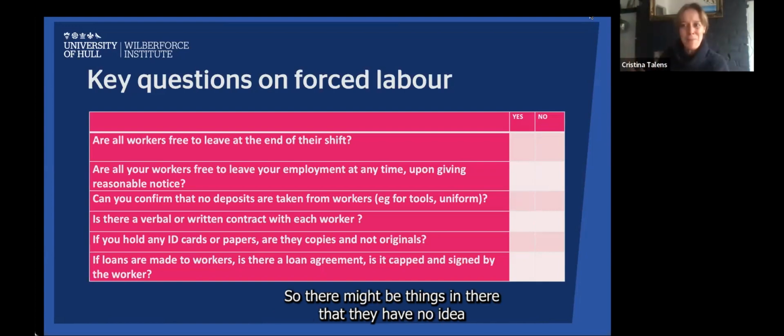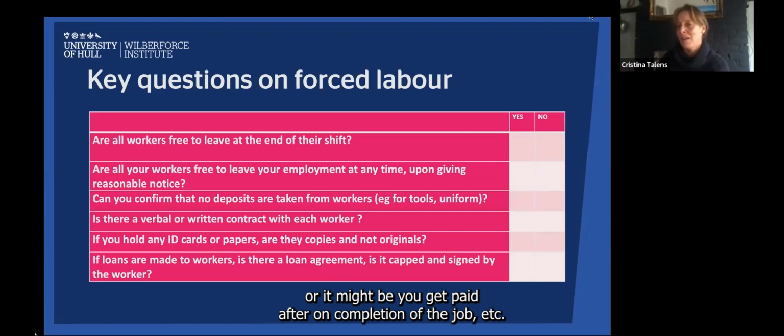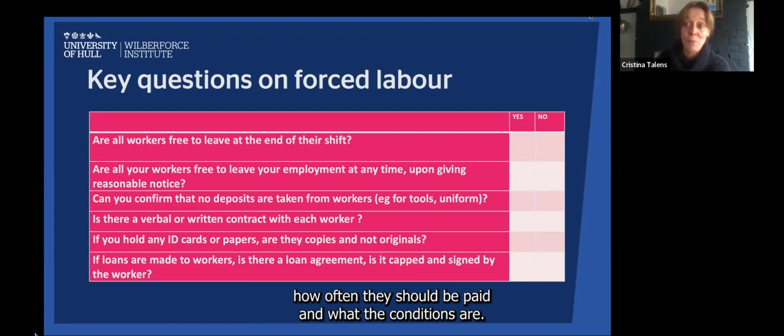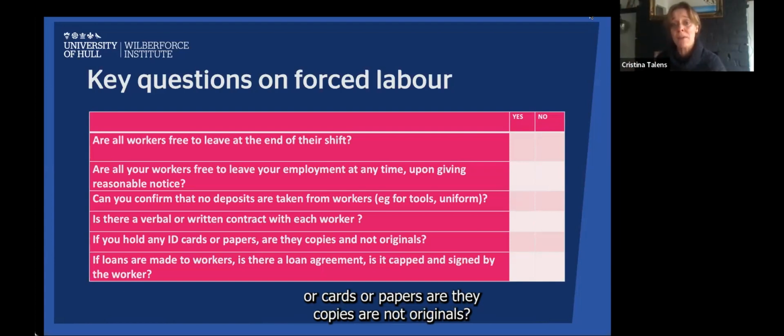So there might be things in there that they have no idea that they've signed up to. So it might be excessive working hours, or it might be, you'll get paid on completion of the job, etc. So check what the verbal terms and conditions are, and whether they understand how often they should be paid and what the conditions are.